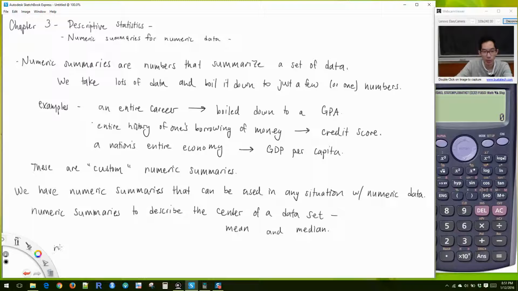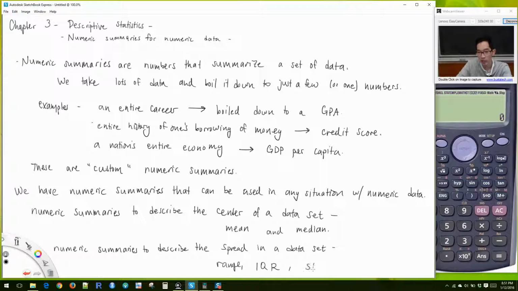Okay, and we have numeric summaries to describe the spread in a data set. And this would be the range, IQR, and standard deviation.